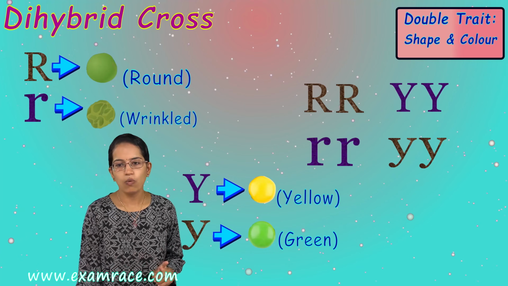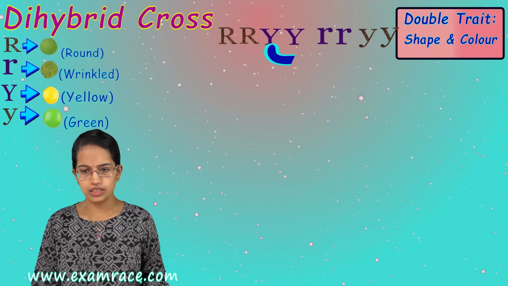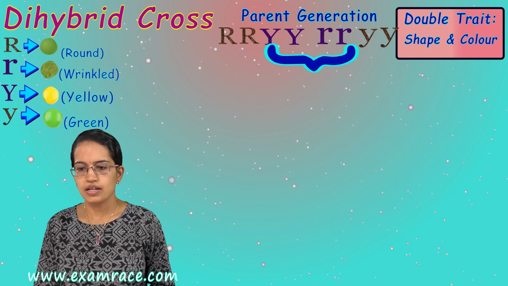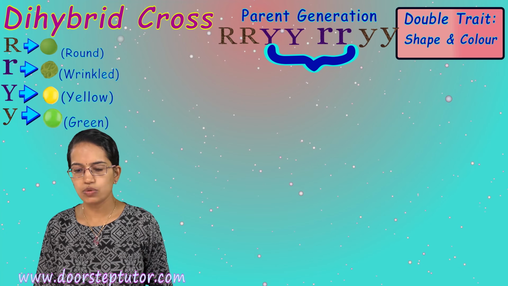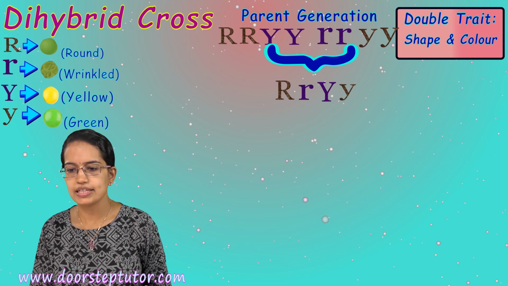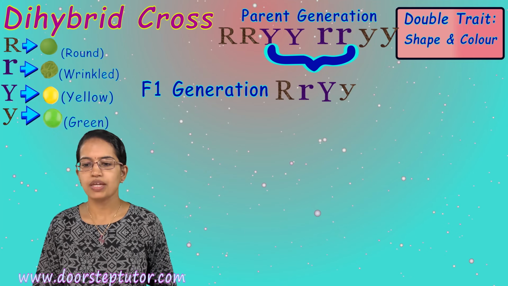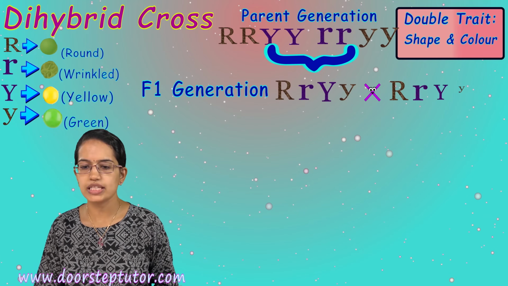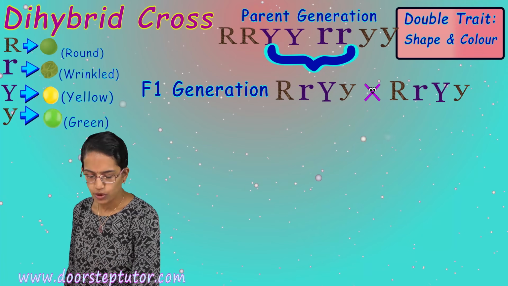Now he crossed these. So this was the parent generation. The first cross would result in capital R, small r, capital Y, small y, and this was the F1 generation. This F1 generation was self-pollinated. So when I pollinate this with the same, what would I get?